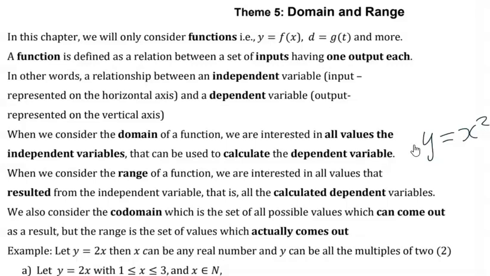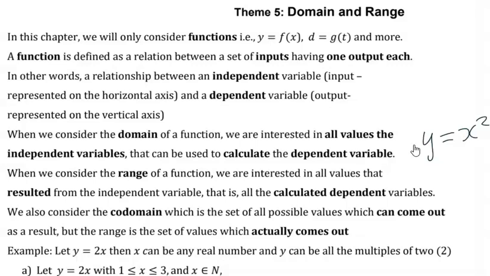Well, you can put any x in that equation, for instance 1, and you square it and you get 1, or a half and you square it, you get a quarter. So it is any real numbers.